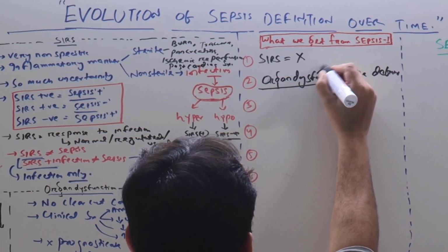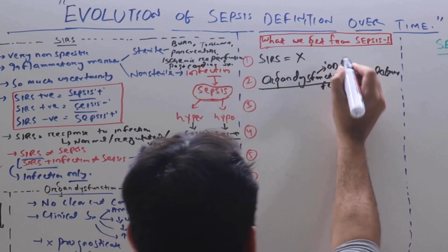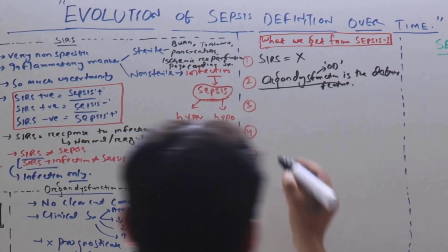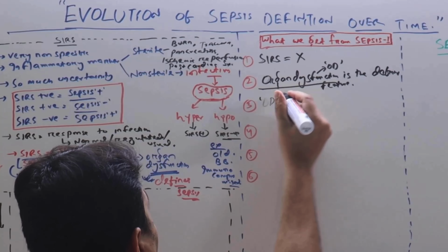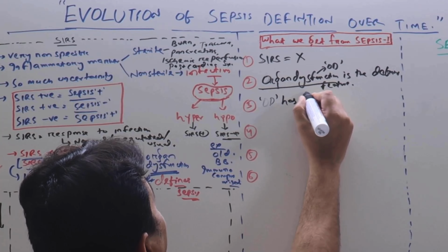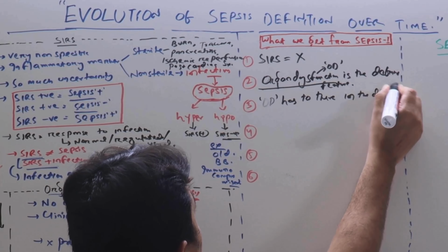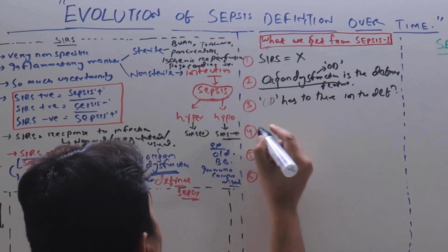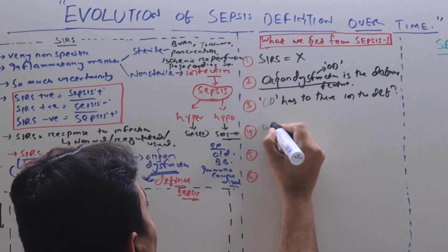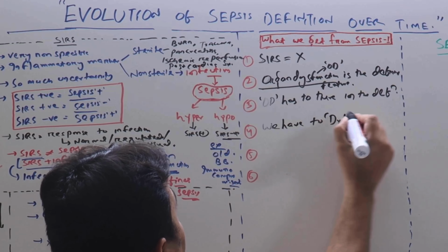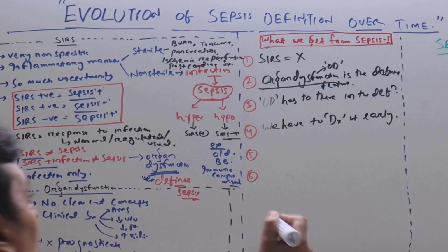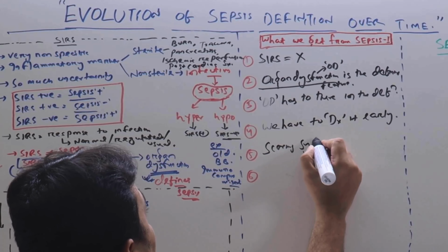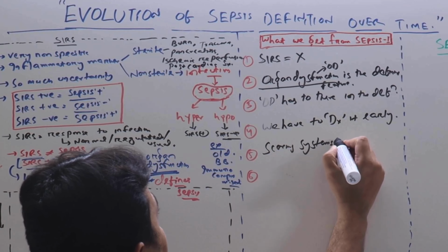Now onwards, we will use OD for organ dysfunction. It's very, very important. OD has to be there in the definition. It's not the case in Sepsis-1. Number 4, it is so important that we have to diagnose it early. So we need scoring systems, and we have two scoring systems in Sepsis-3.